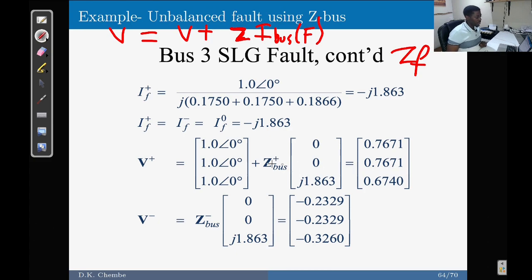So our positive sequence voltage gives us these voltages, and then for our negative sequence, we obtain our value to be Z bus multiplied by the current, and this is what we obtain.